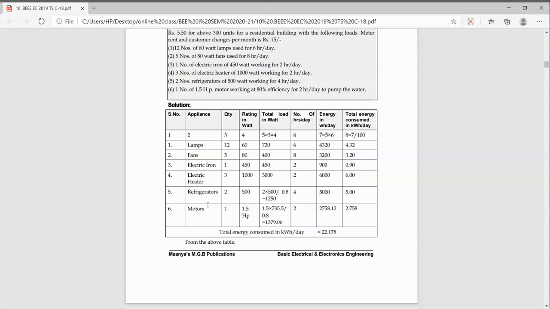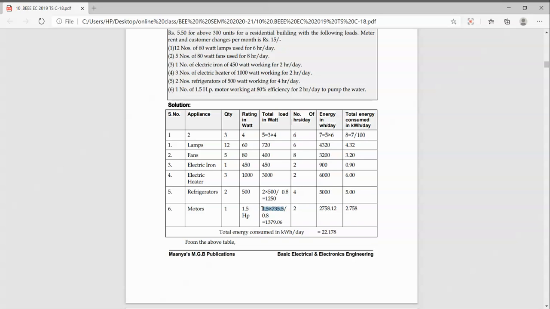And the sixth one is a motor. The motor value will be given in HP. The rating is 1.5 HP, that is horsepower. To convert into watts, 1.5 into 735.5 gives the wattage.